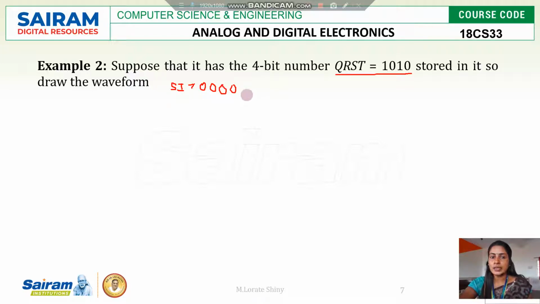It's not mentioned whether we have to use a positive clock or a negative clock, so you can use any clock. Whatever you draw in the register diagram, the same clock you can use. So first, the state table.